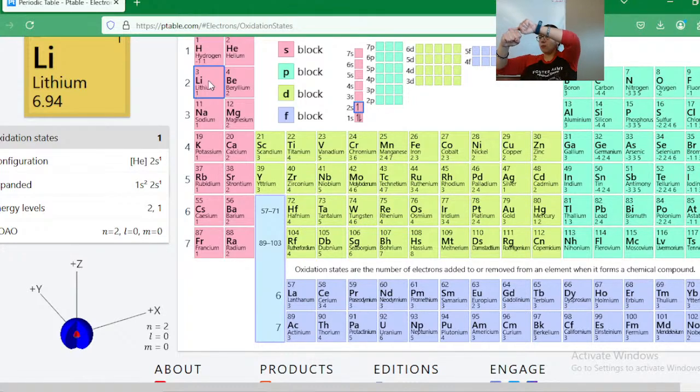Then there's technically what's called a node, which is an area of no electron density. And then right around it, we start our second energy shell. So again, S block, still a sphere shape. And you can see the first energy level is still there, just in red, kind of small.